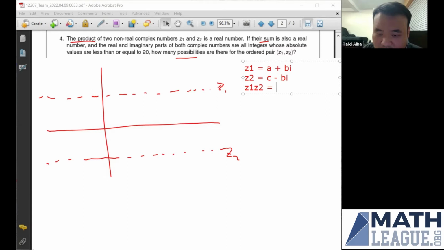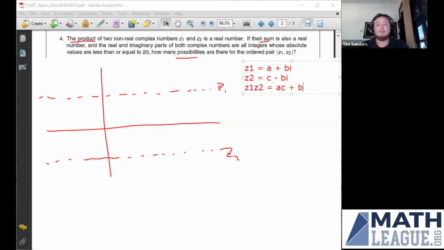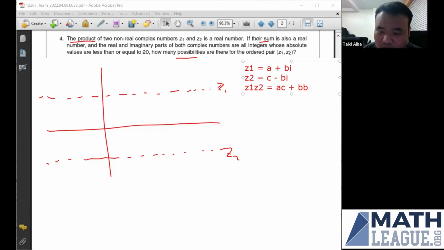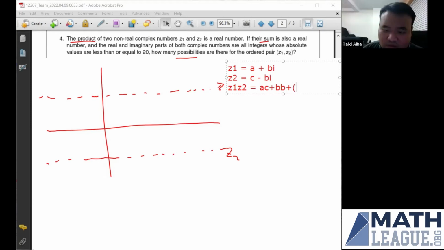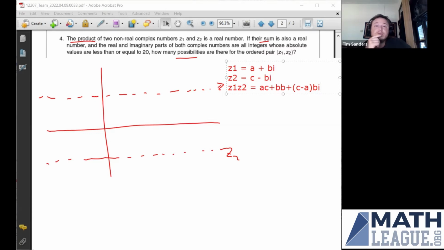Let's see. AC plus B squared, plus CB minus AB times i.